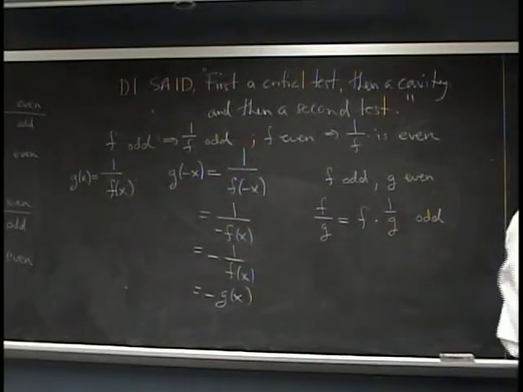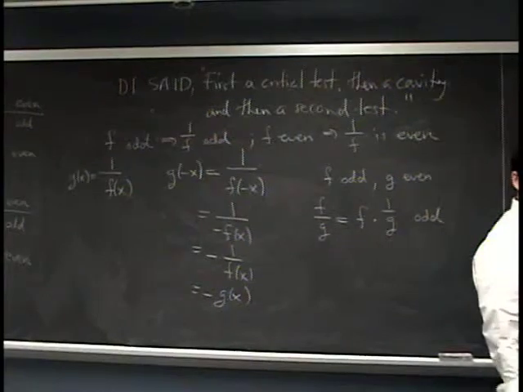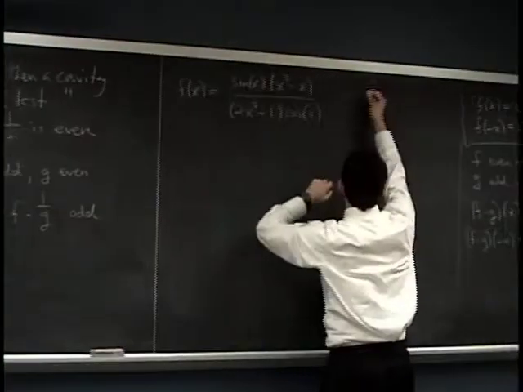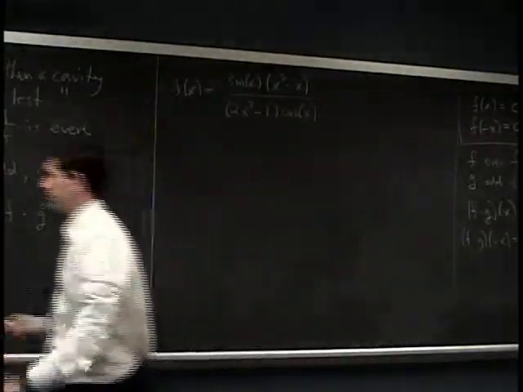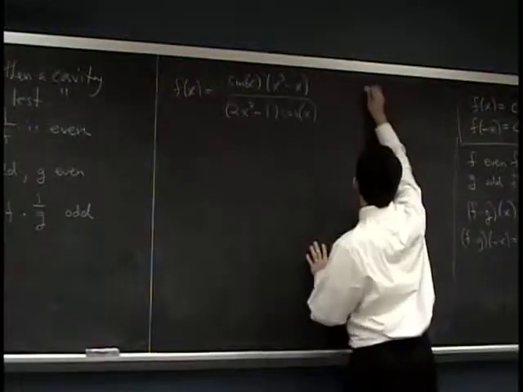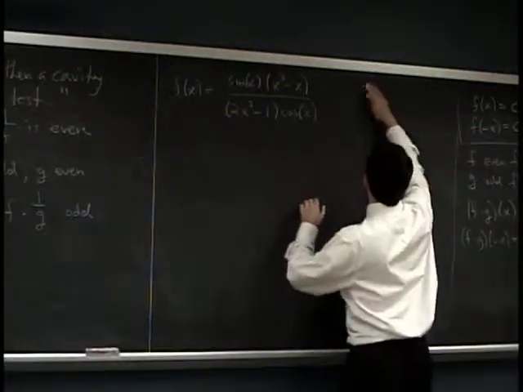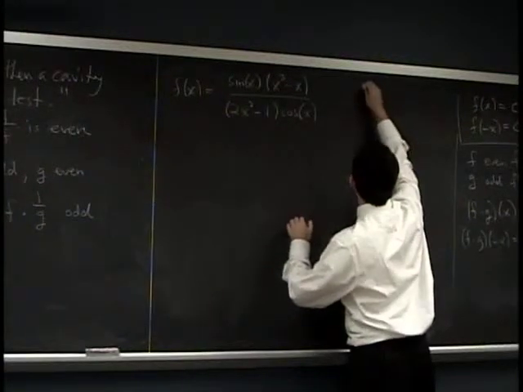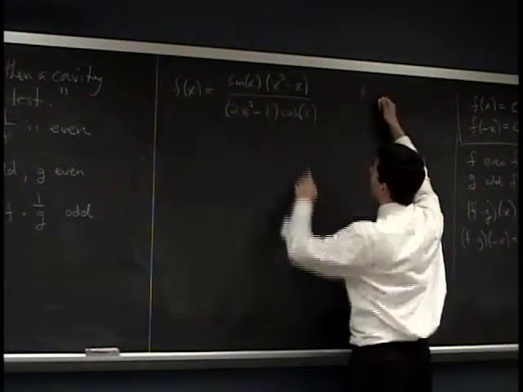I say, okay, sine of x is odd, right? I can make a little table. How about a 0 for even and a 1 for odd? Okay, so sine was odd, so it gets a 1.